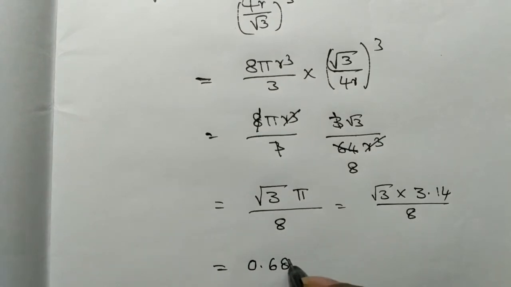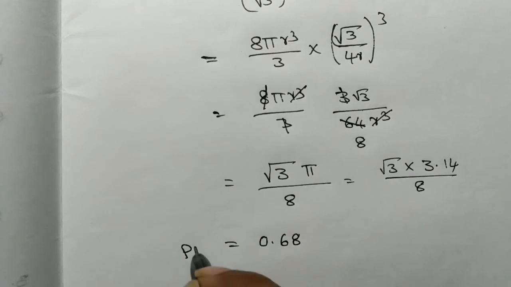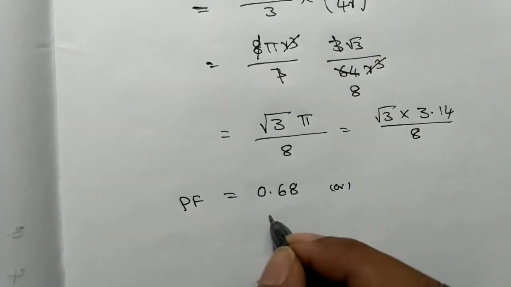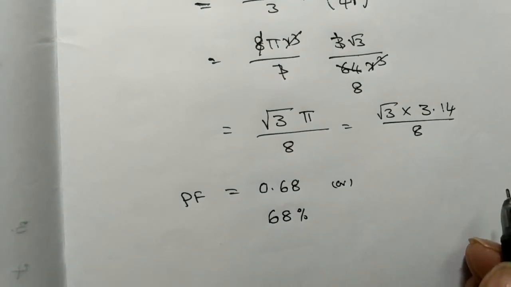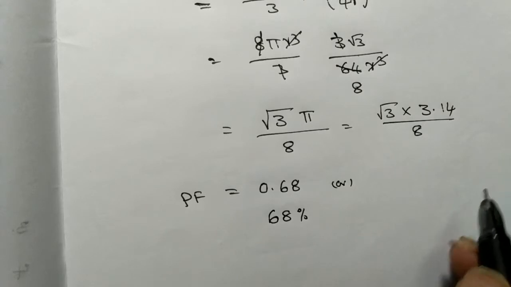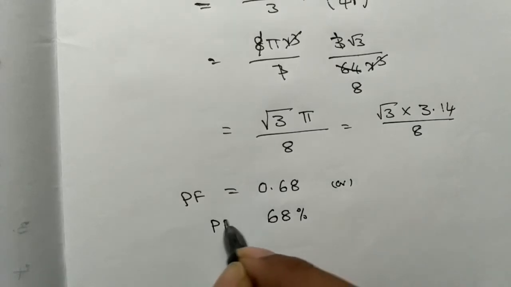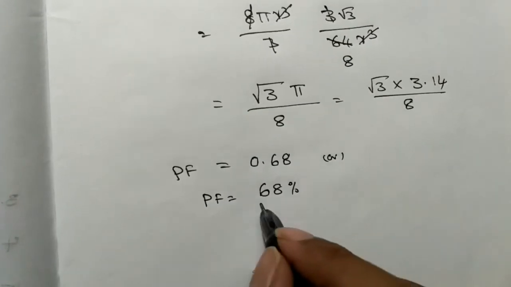You can calculate from your calculator. It is PF 68 or 68%. That means the packing fraction of BCC is 68%.